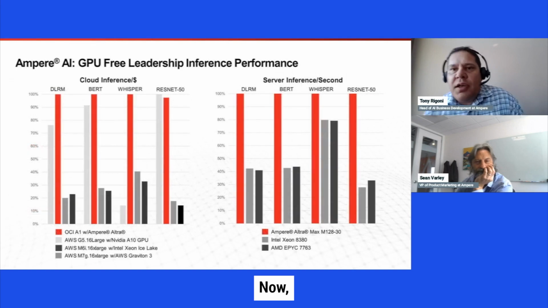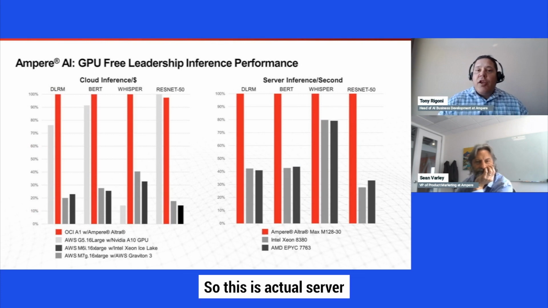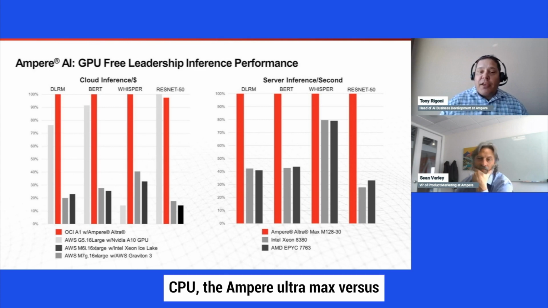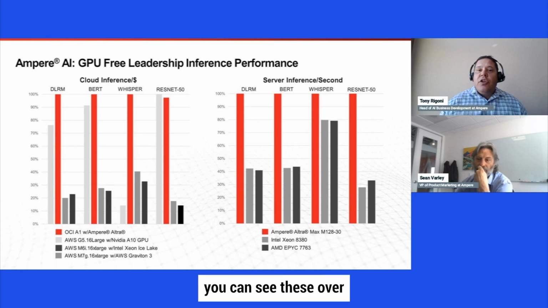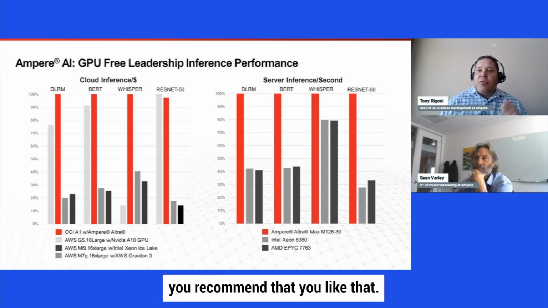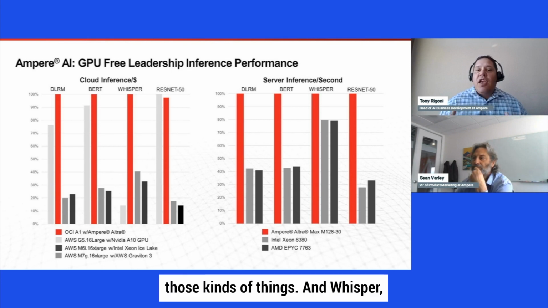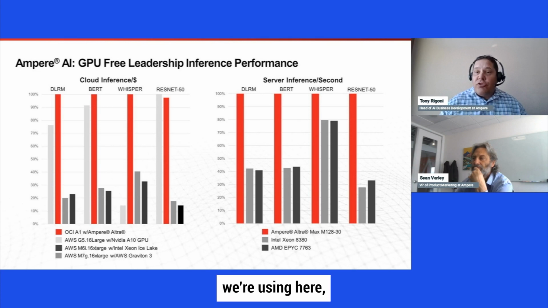Now, people always ask, how does the actual performance look? I want to draw your attention to the chart on the right first. This is actual server raw performance. If you look at our CPU, the Ampere Ultra Max, versus Intel and AMD, you can see over these various workloads: DLRM, which is for recommender engines, so think of Netflix recommending this or that; BERT, which is natural language processing, think of Siri, Alexa, those kinds of things; Whisper, which is what we're using here, which is speech to text; and ResNet, which is computer vision.